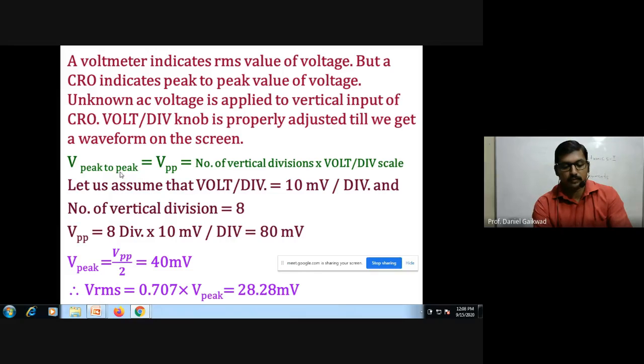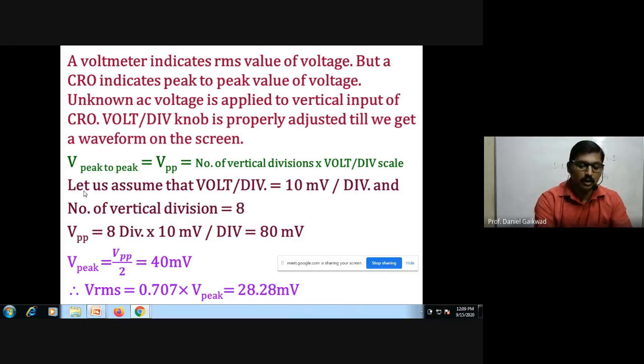Peak to peak voltage, VPP, is equal to the number of vertical divisions times the volt per division. So we have to count the vertical divisions and read the volt per division from the scale, which has markings showing the position where volt per division is set. Using that, we can calculate V peak to peak.